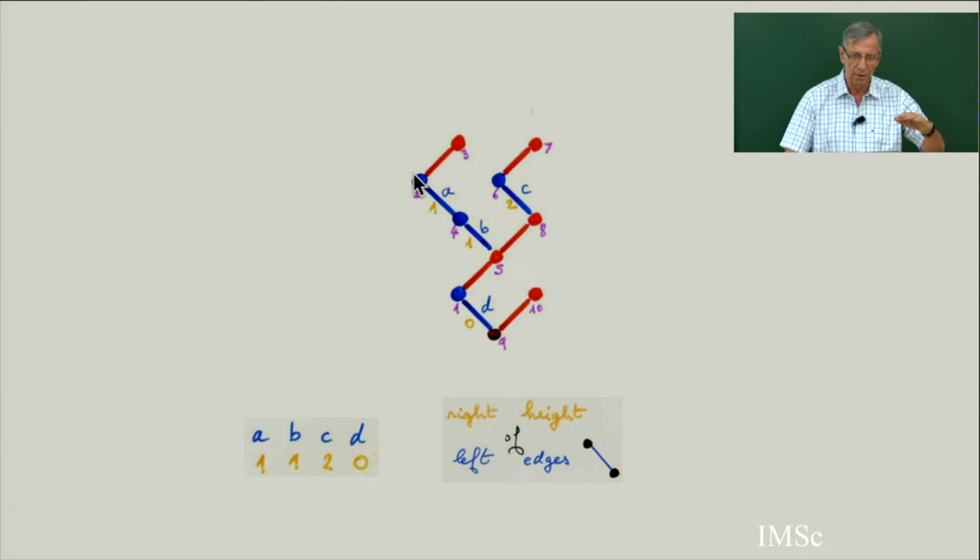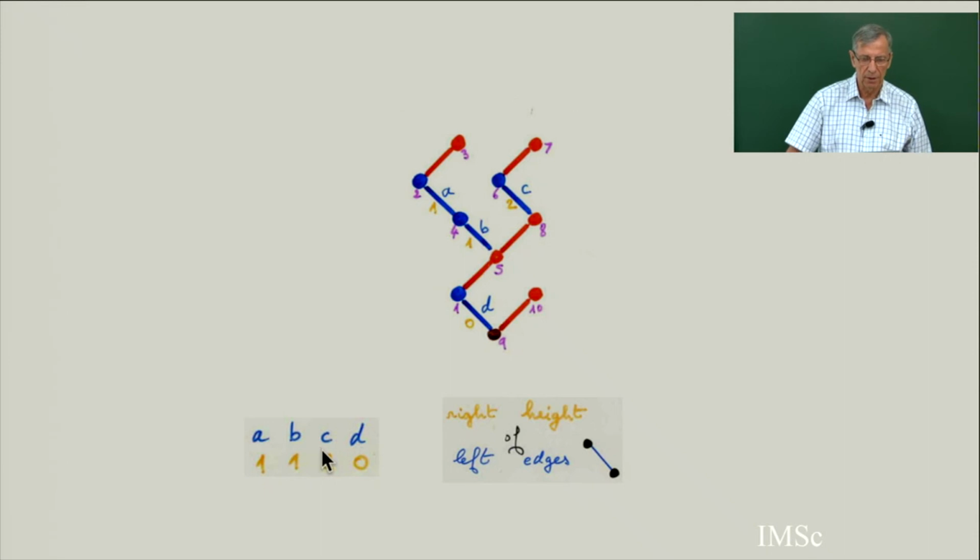Both vertices of the edge have the same right height: the number of edges going to the right when you follow the path from the root to this edge. So here the right height is 1, because there is only one red edge when you follow this path.